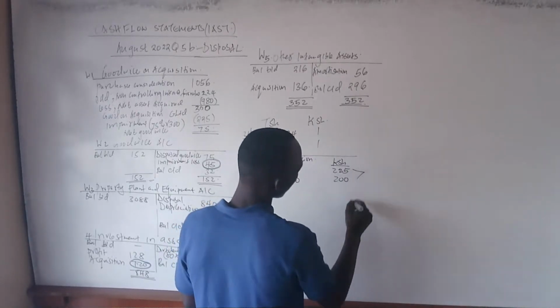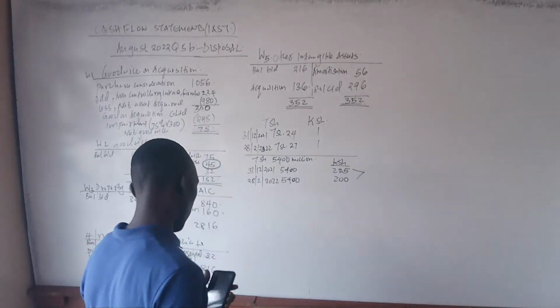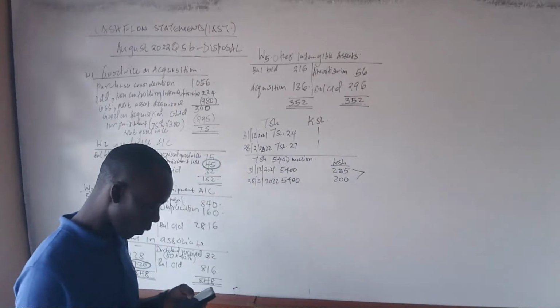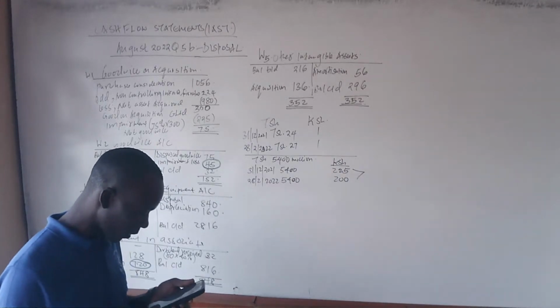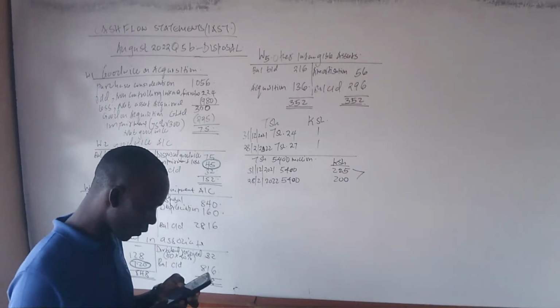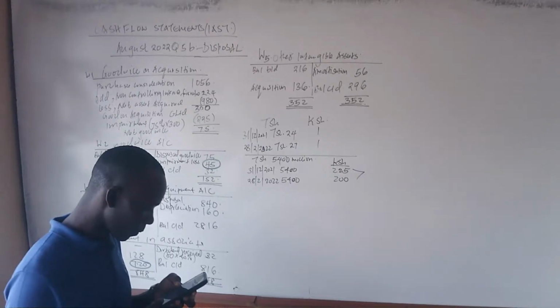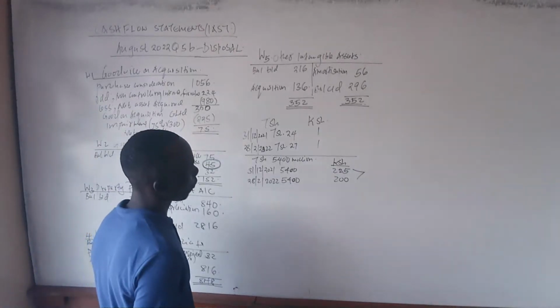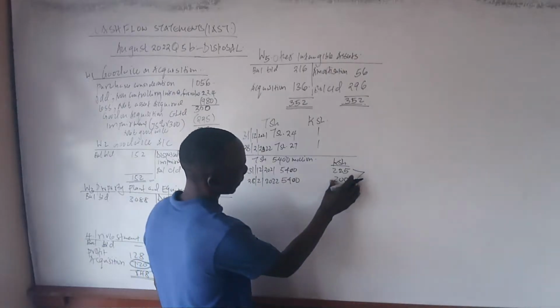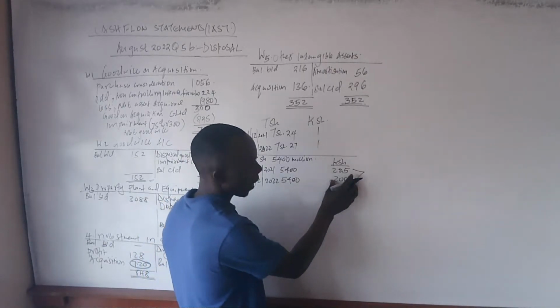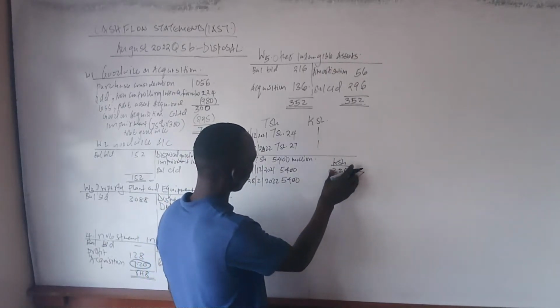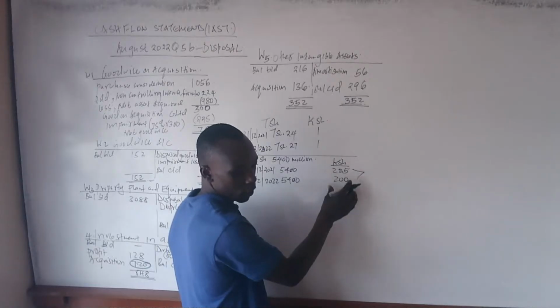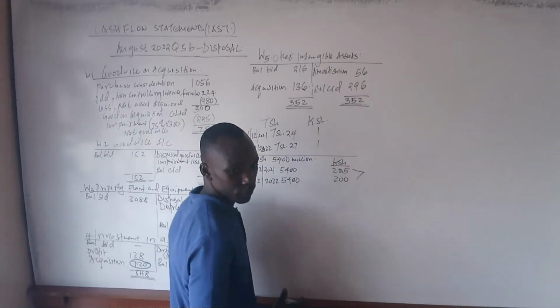Therefore, do we have a gain or loss? Look at this. This is how we interpret. This is the time of the transaction, and this is the time of payment. So did we gain or lose? We gained.